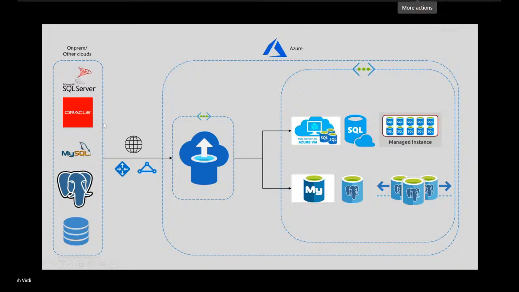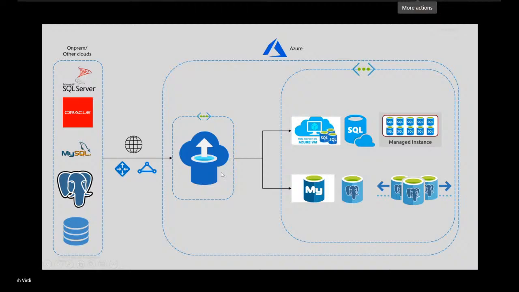So you can take an Oracle database and migrate it to SQL or MySQL or PostgreSQL or Postgres Hyperscale as well, or it can be any other database, right? You can also migrate SQL Server to a heterogeneous environment or MySQL, right?